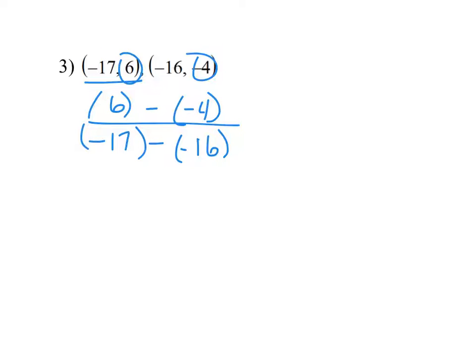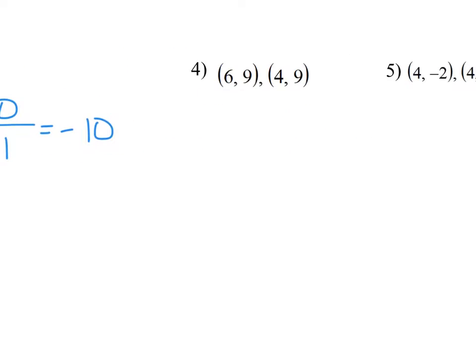Then we do negative 6 minus a negative 4, which is positive 10. And negative 17 minus a negative 16 would be a negative 1. I do not encourage you to do these without at least checking them in the calculator, watching the minus a negative. A negative minus a negative starts blowing your mind.